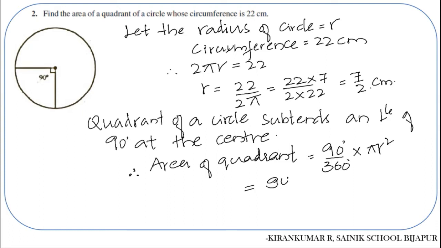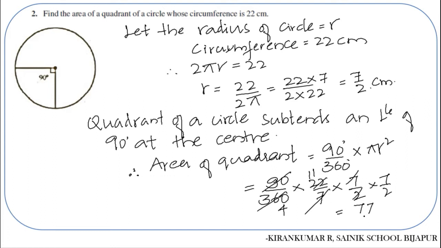So 90 degree upon 360 degree multiplied to 22 by 7 into 7 by 2 into 7 by 2, because the radius is 7 by 2. One of the 7 gets cancelled. 90 times 4 is 360. 11 times. So we'll be getting 77 upon 8 centimeter square.